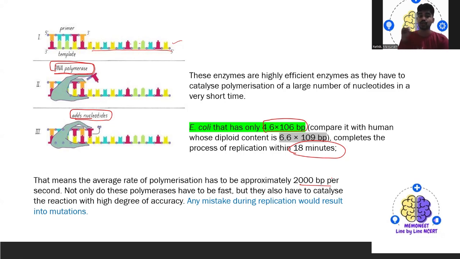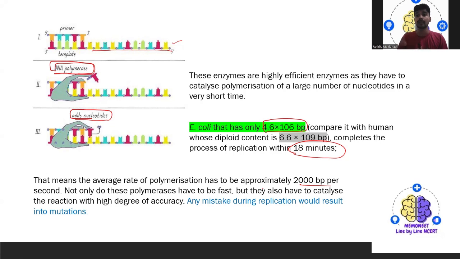Not only does the polymerase have to be fast, it also has to catalyze the reaction accurately. During the polymerization, while adding these nucleotides, the process has to be faster. This is the first point. Not only is being faster important, but it should also add the nucleotides in an accurate way.